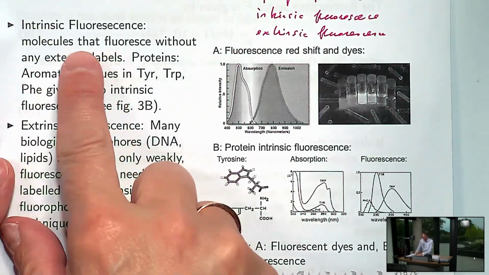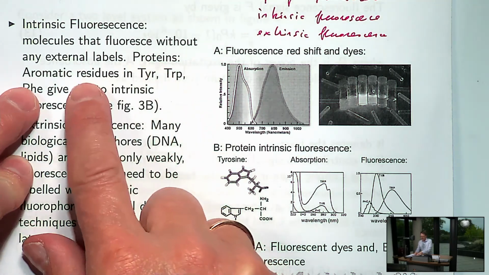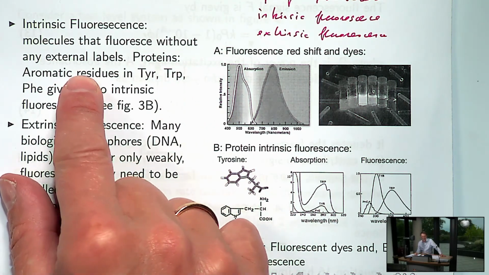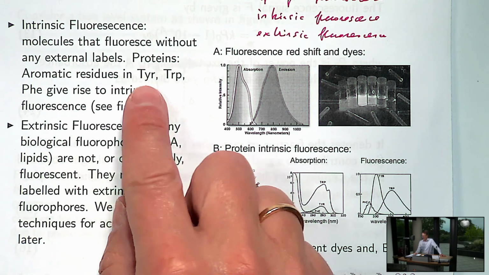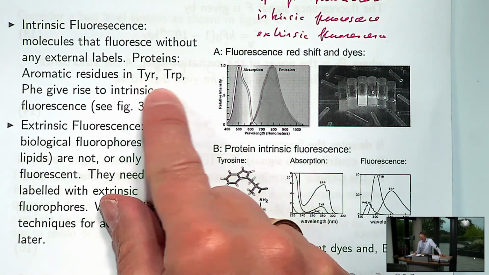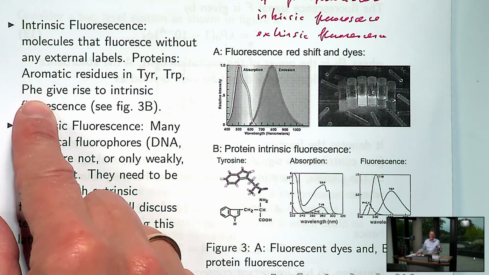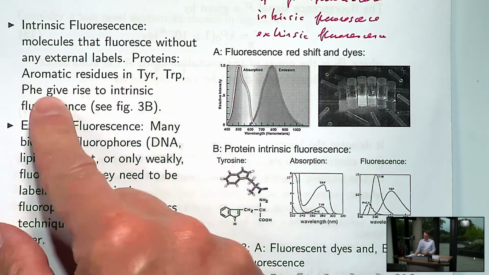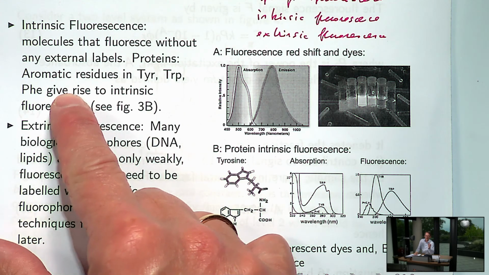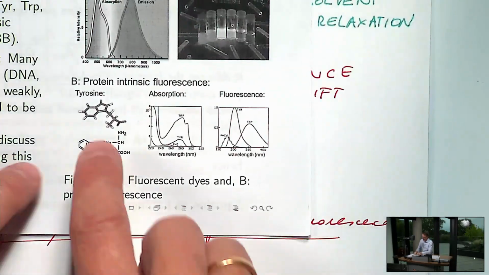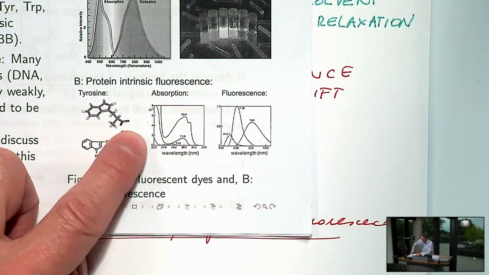Intrinsic fluorescence refers to molecules that fluoresce without any external labels. Proteins in fact do not fluoresce except for those that contain the aromatic residues tyrosine, tryptophan, and phenylalanine. Most proteins do contain these in some combination, but it's only those 3 amino acid residues of the 20 that contain aromatic conjugated rings in the side chains.